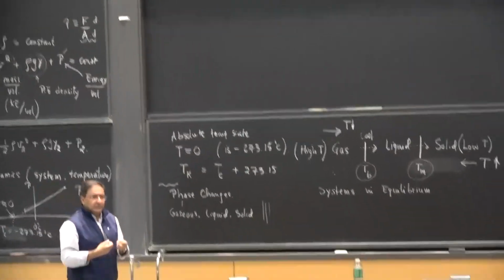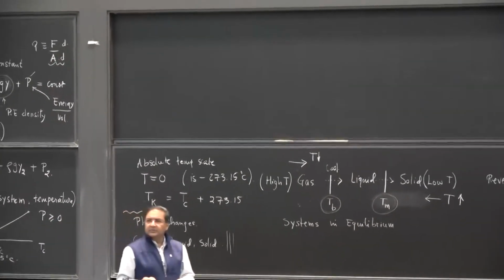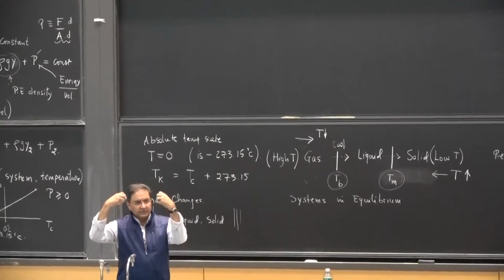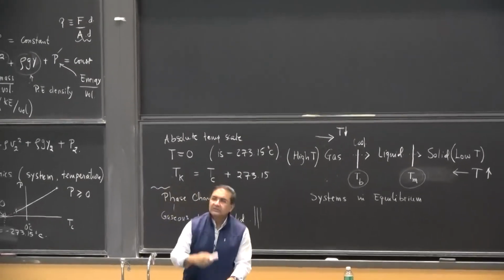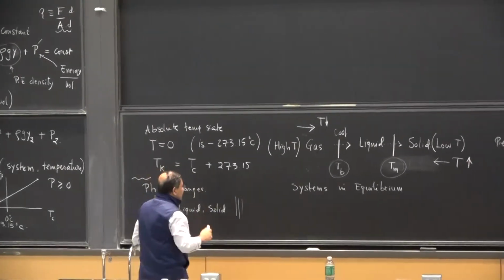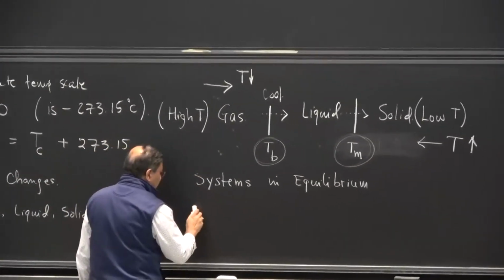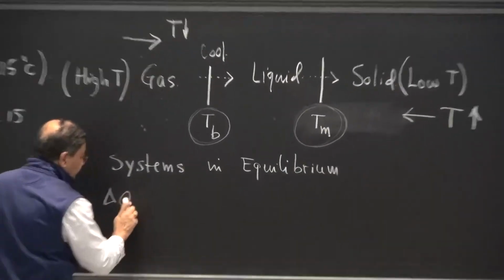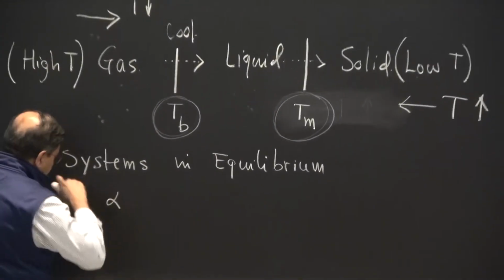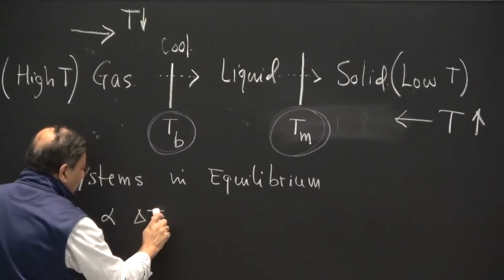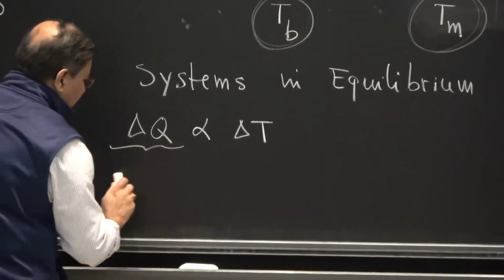So as I lower the temperature, the total kinetic energy of the system goes down. So it's an energy. And this energy that goes down as I lower temperature or goes up as I raise temperature is called heat energy. And the amount of heat energy that is raised or lowered is proportional to the change in temperature. So this is heat energy.